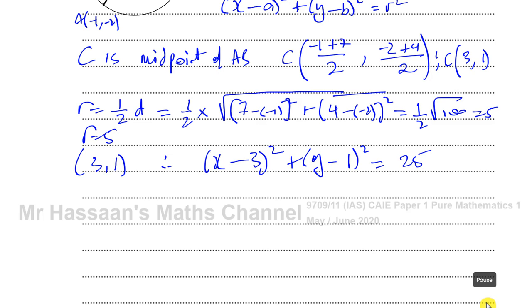And now we have to find the equation of the tangent to the circle at the point B. Here we have some of the information from the previous part of the question. So we know the coordinates of A, B, C, C being the center of the circle, and we know the equation of the circle. Now we want to find the equation of the tangent to the circle at the point B. So again, let's make a little quick diagram.